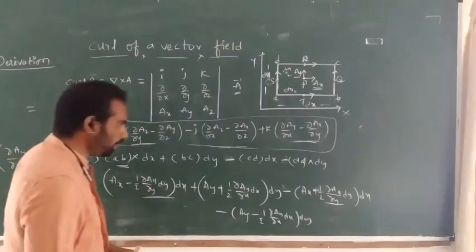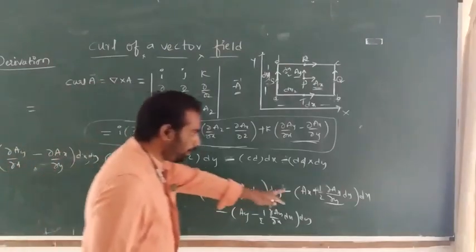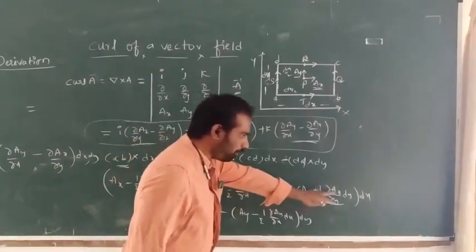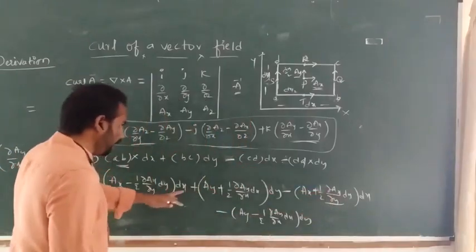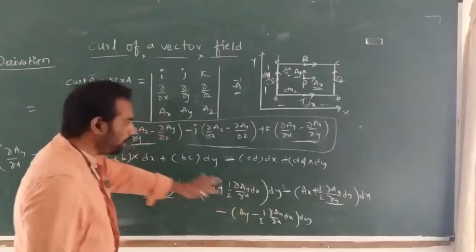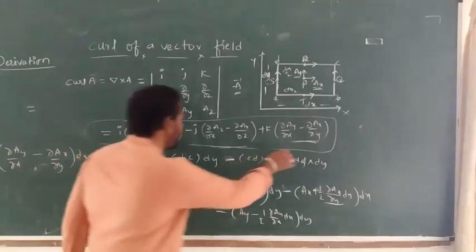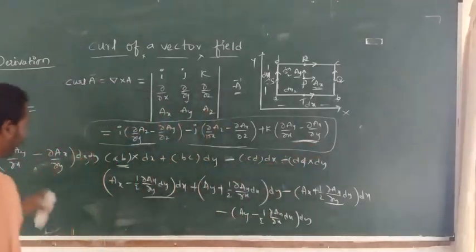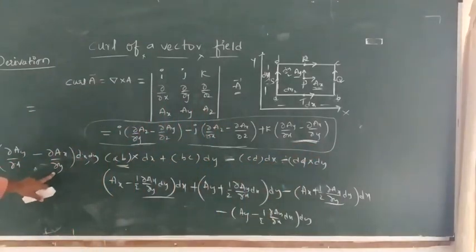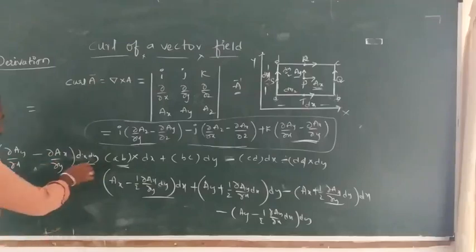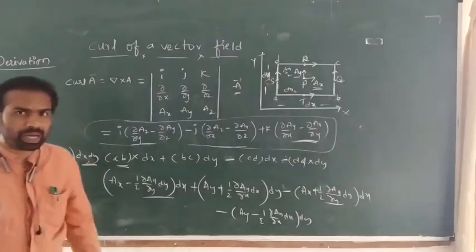Remaining all the terms, minus dou Ax by dou x and plus dou Ax by dou y, all the values will be cancelled out. At last, we will get this component, dou Ay by dou x minus dou Ax by dou y. Here dx dy is for unit area.